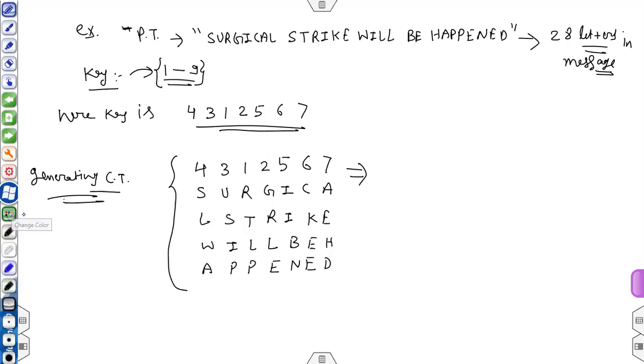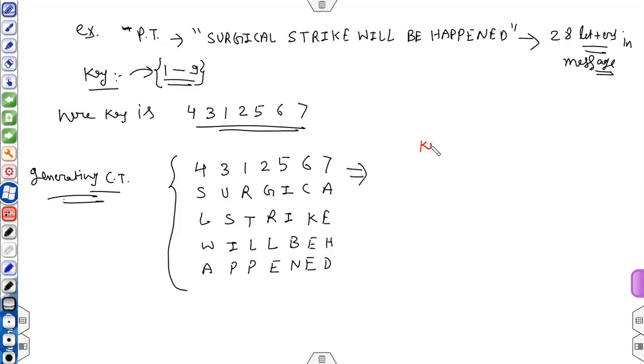Okay, now we can create this rectangular box in the form of different positions, means position wise.